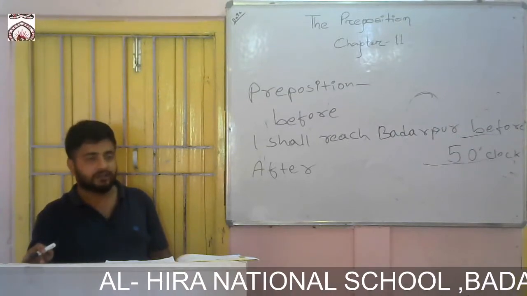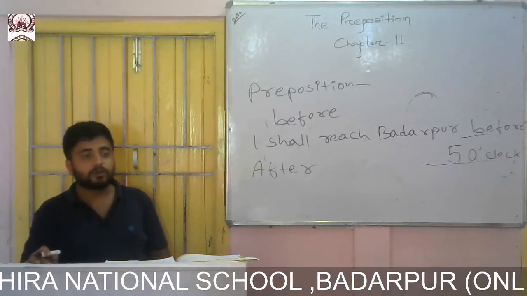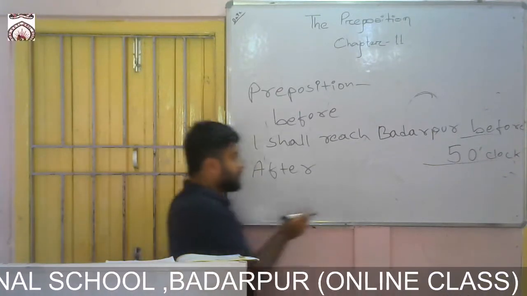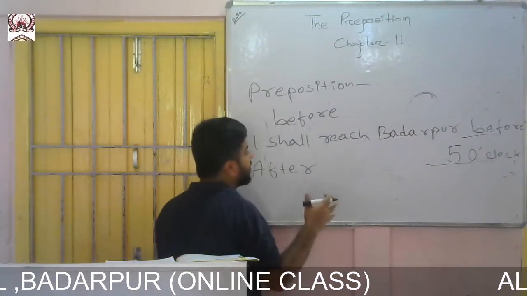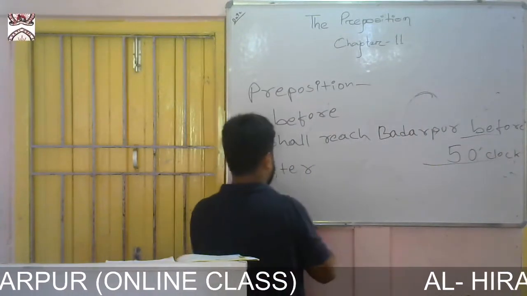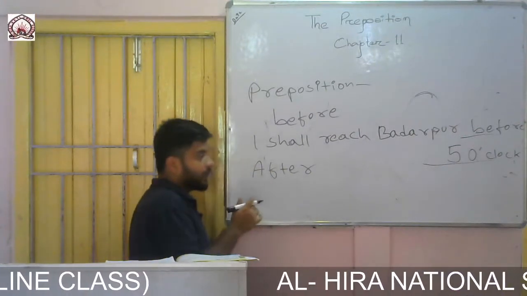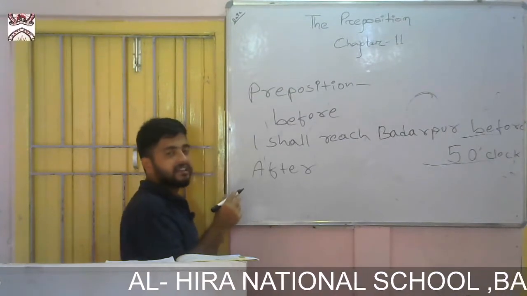Now where to use after? To indicate a time period later than the given time. This is before the given time, and after is later than the given time. We have to use after to indicate a time period later than the given time.